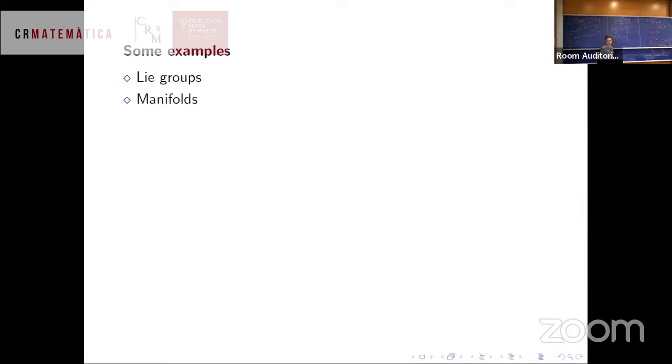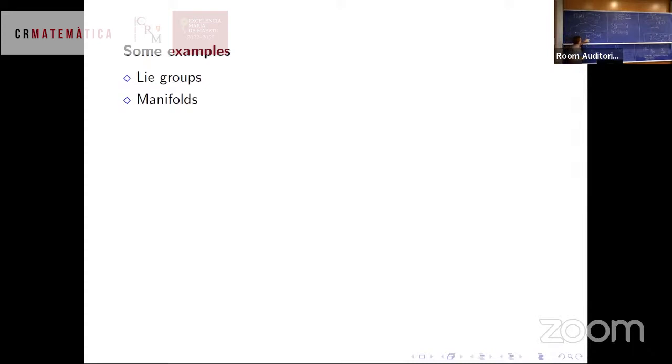Now, another extreme example are just manifolds. So how do you do it with manifolds? For a manifold, you can take G to be equal to M. So they're the same space. And source and target maps will be the identity. Okay, and what's the operation?